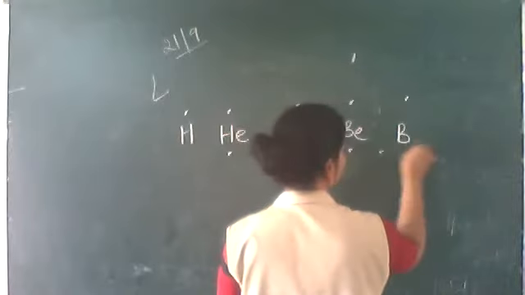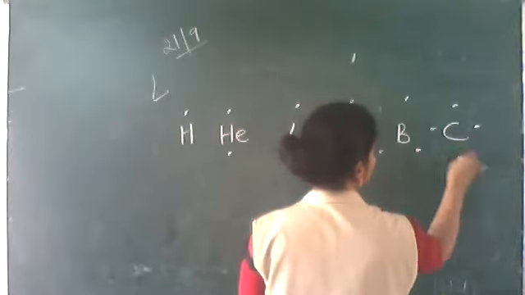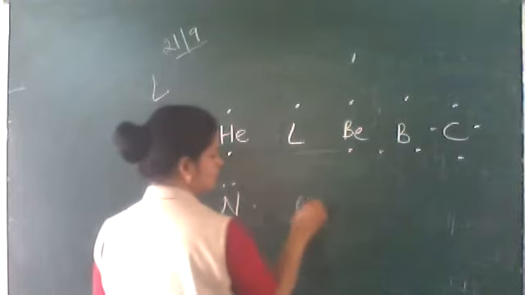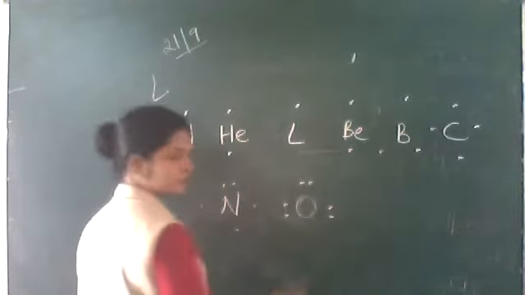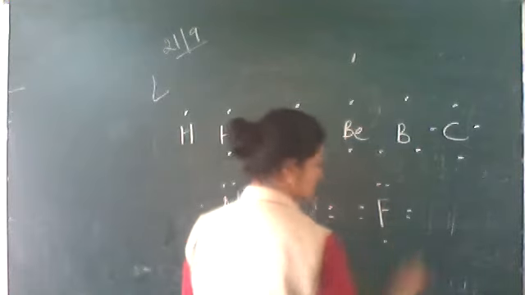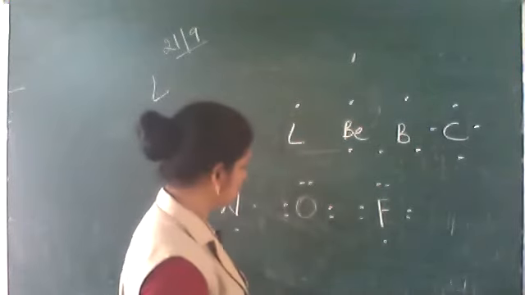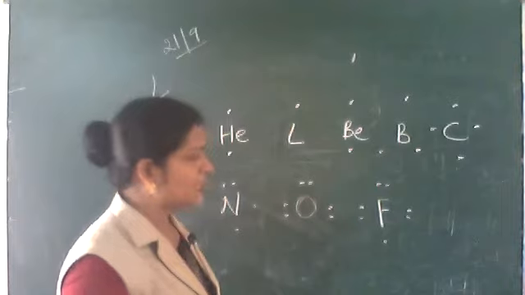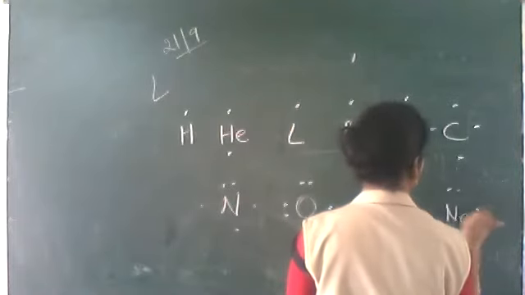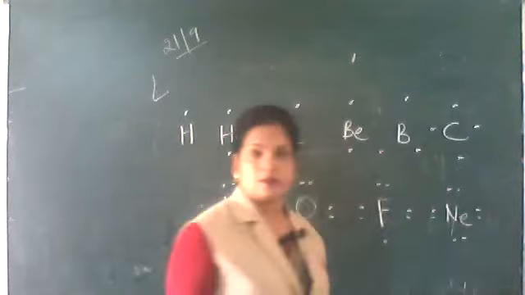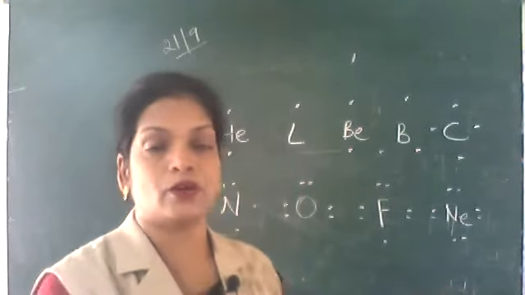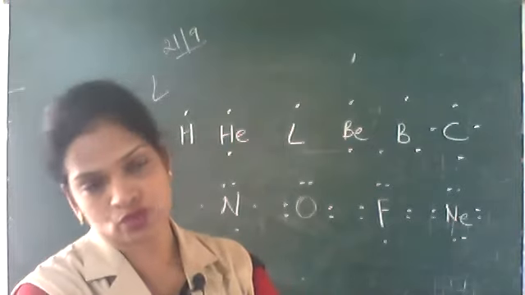Boron, 3. Carbon, 4. Nitrogen, 5. Oxygen, 6. Fluorine, 7. Like that. We show neon, 8. Showing only the outermost shell electrons is called Lewis dot structures.